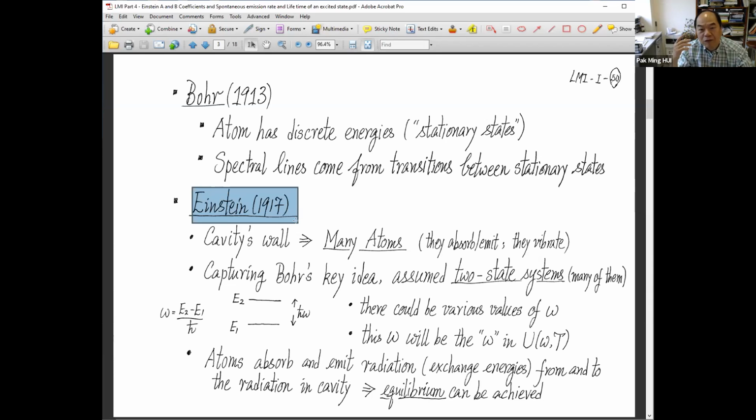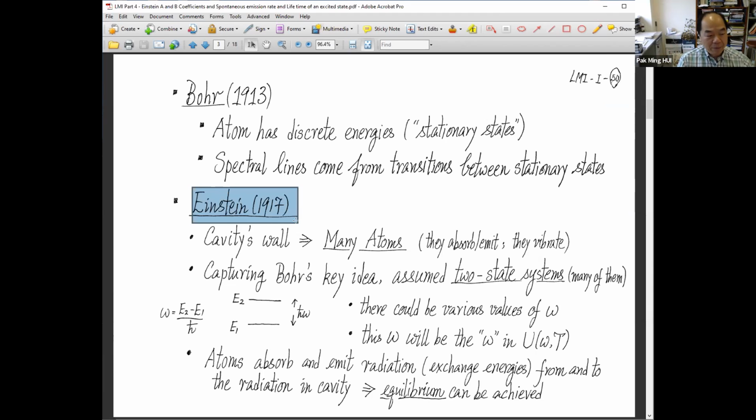That is to say, in thermodynamics idea, these processes let the matter part and the radiation part equilibrate. They can become equilibrium at a temperature T. So that is the idea.